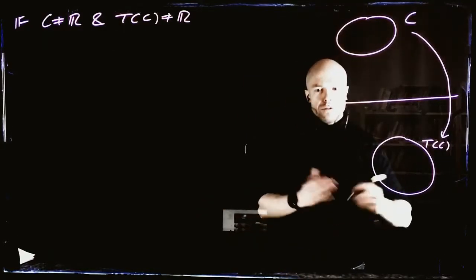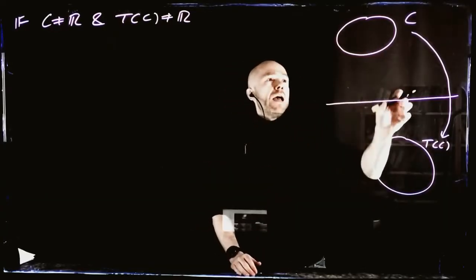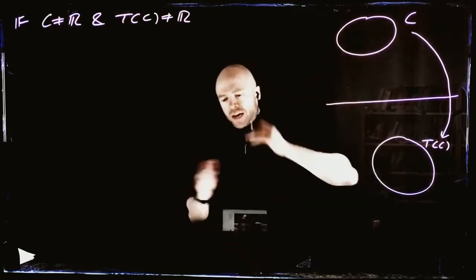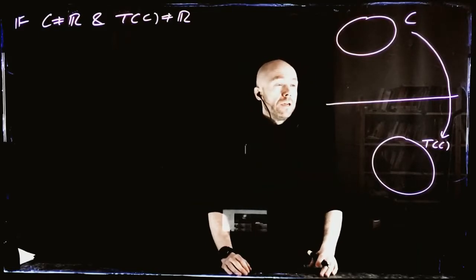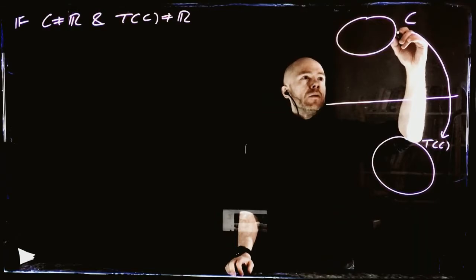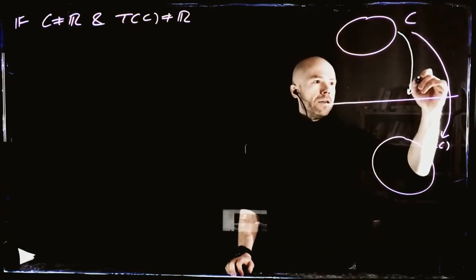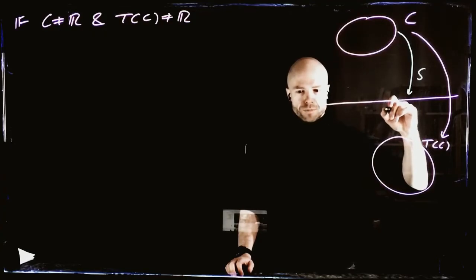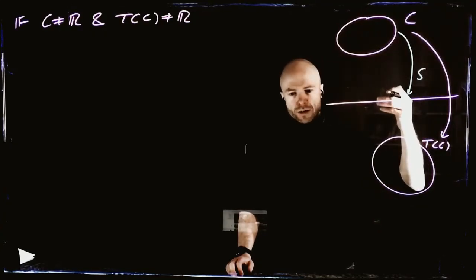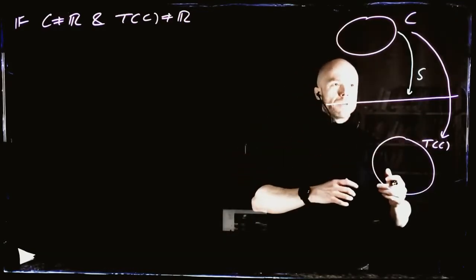So the idea of the proof is we are going to use what we know about the case when we are mapping onto the real line, and then factor the general mapping T through it. We're going to create a mapping that goes from C onto the real line. Let's call that S, which we can do using our cross product, using the Mobius transform we get from the cross product.